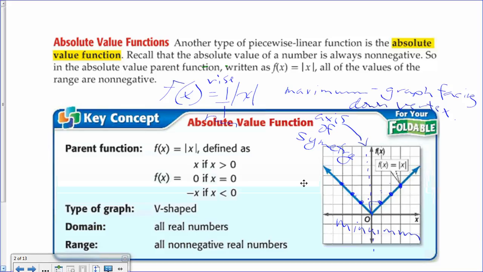Right? Now let me show you something. Everybody with me? I'm going to put a whole bunch of values here. What do you suppose on the input-output table my axis of symmetry would be? Wouldn't it be right here in the middle? We also say that that's called the vertex.